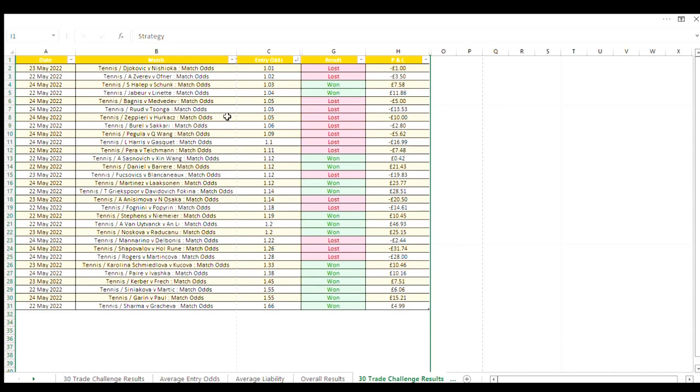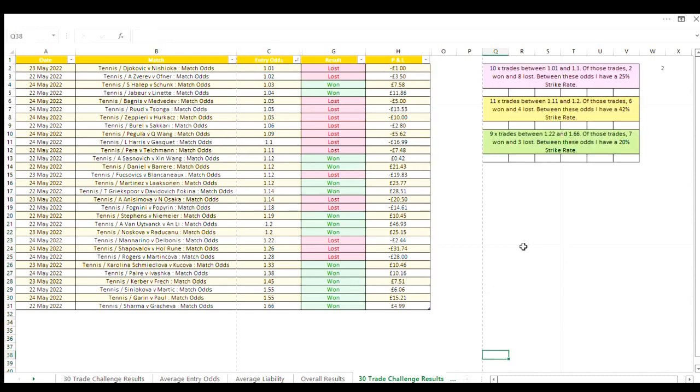Essentially what we want to know is what did I enter at, what was the overall result, and what did the profit and loss look like. So effectively, what I've literally done here is worked through in order of smallest to largest, and we've broken it down into ranges of 10. So we've got between 1.01 and 1.09.